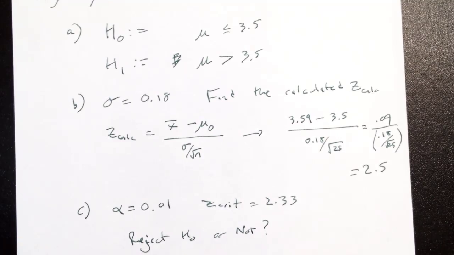Now you can make your decision. Is the statement Green Beam claims, that the average is 3.5 milligrams of mercury, correct or not?